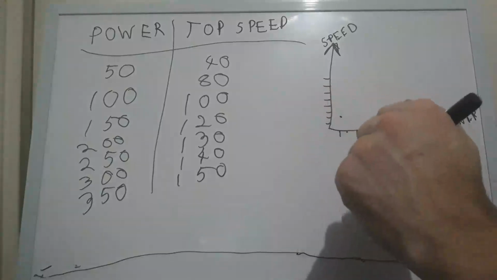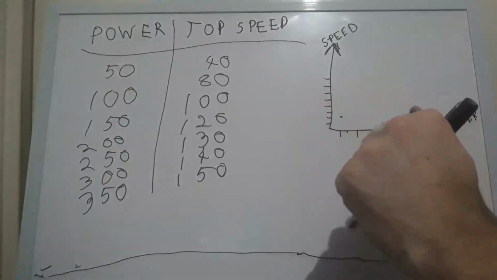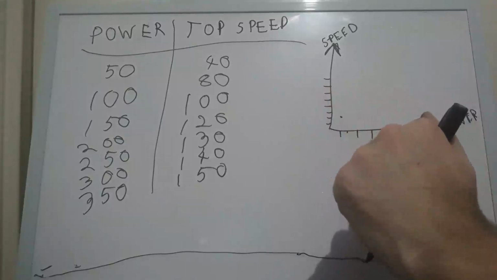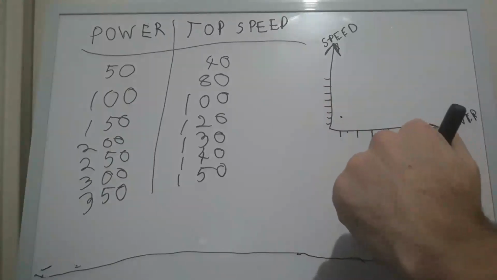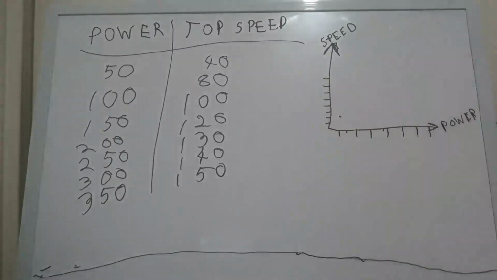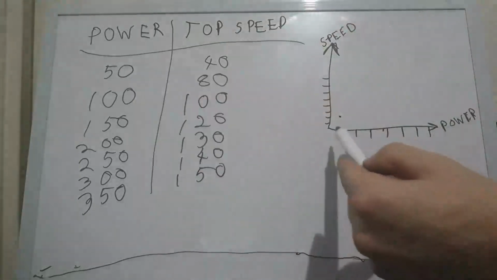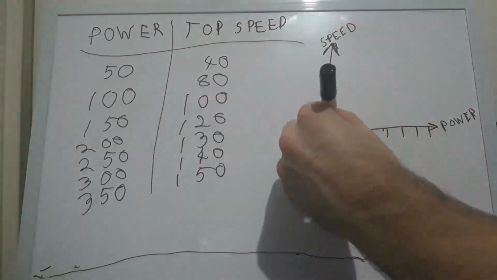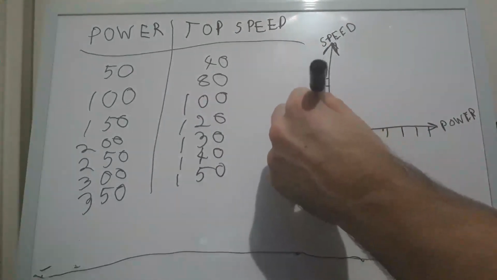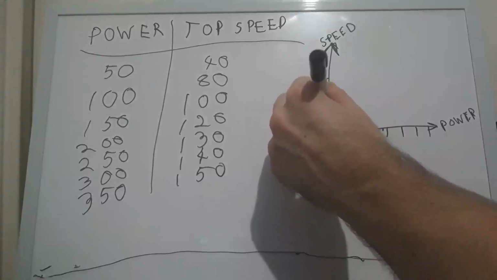So this is all in Microsoft Excel. This is all under what you would call a scatter plot. So we're not going to be drawing lines, not yet anyway. We are just going to be putting points on a plot to represent this data here. So if you have a power of 50, 50 along here, 50, 100, and so on, and your top speed is on your y-axis.